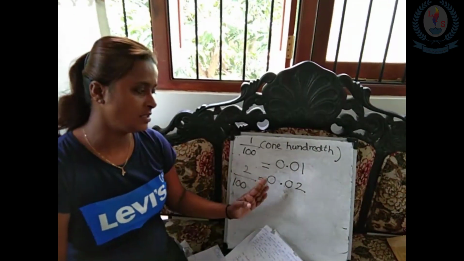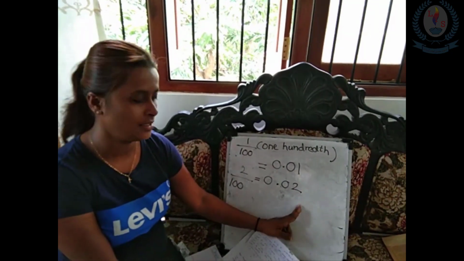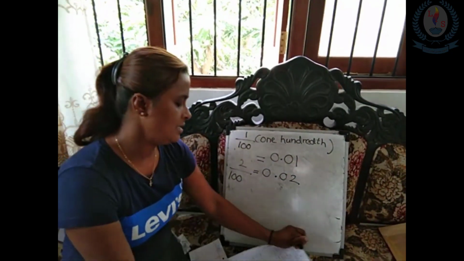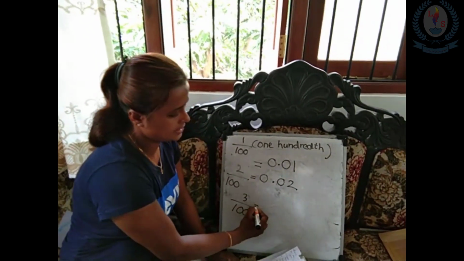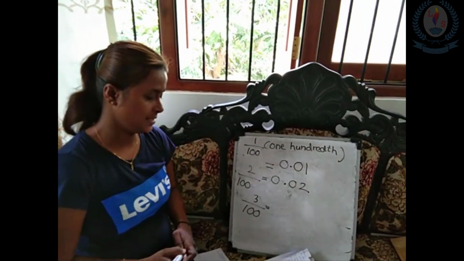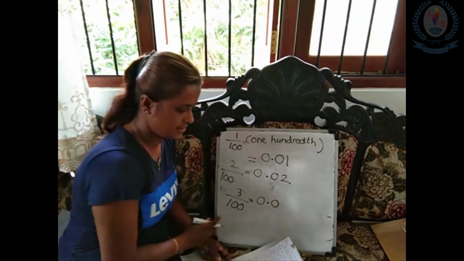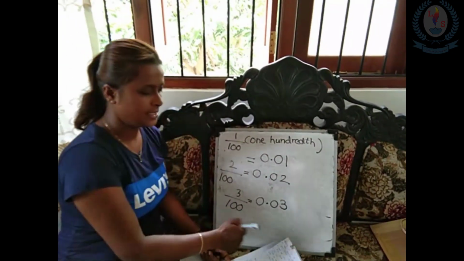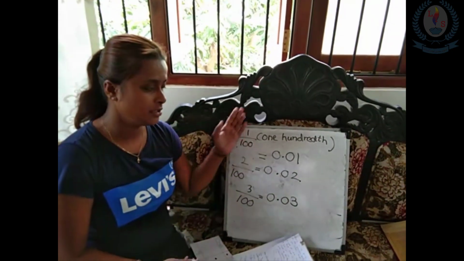So we have to pass the ones place, tenths place and then the hundredths place. Now let's write this as a decimal. Three hundredths. Now tell me how to write three hundredths as a decimal. No ones, no tenths, three hundredths, 0.03. Like that you can continue.